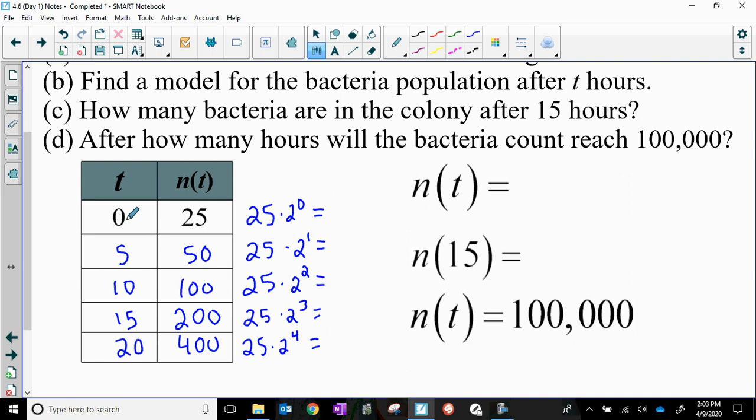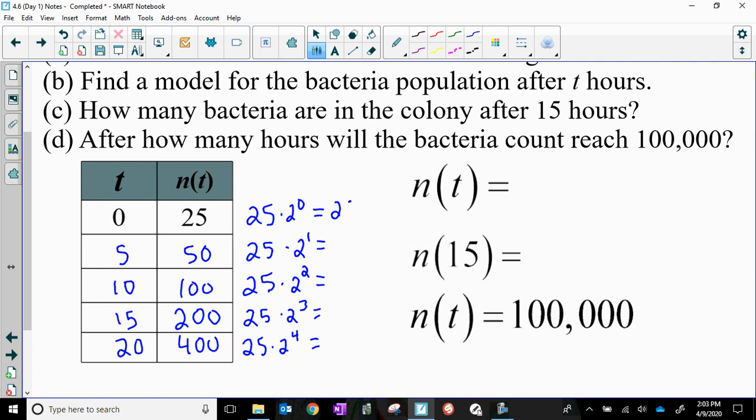So what do I have to do to 0 to get 0? Do the same thing to 5 to get 1. Do the same thing to 10 to get 2. You do the same thing to 15 to get 3. You do the same thing to 20, and you'll get 4. To me, that sounds like you're dividing all these numbers by 5.